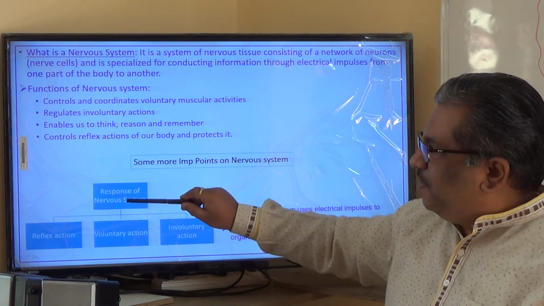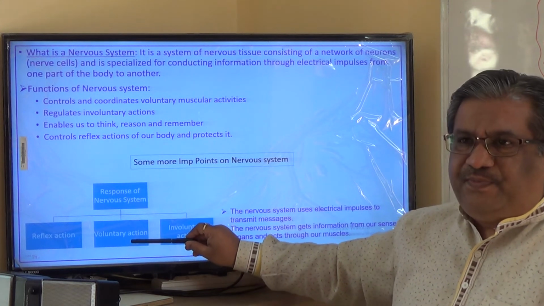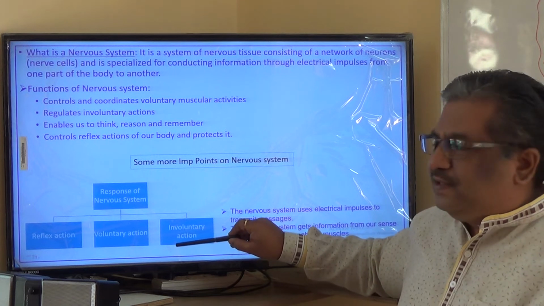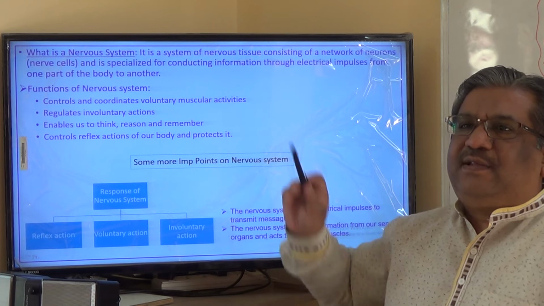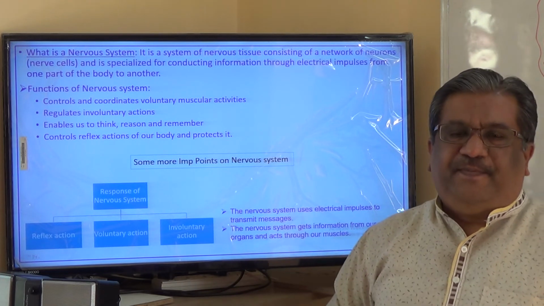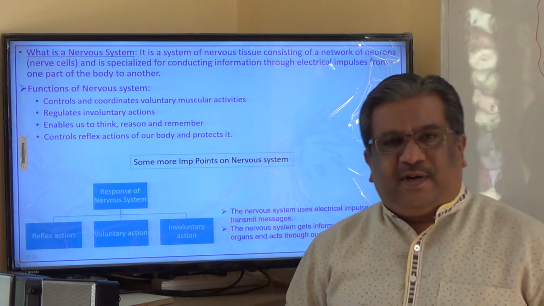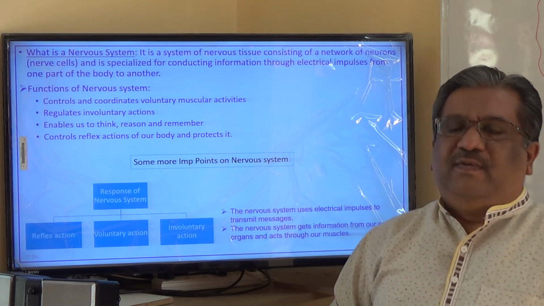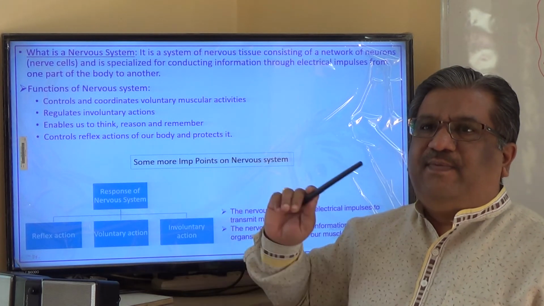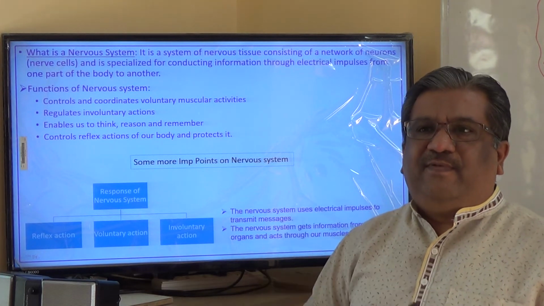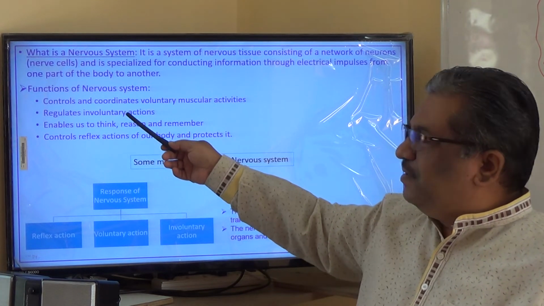So, response of the nervous system is to control the voluntary actions, to control involuntary actions, and to control reflex actions. These are the three main functions of nervous system, which have been given here a little bit differently, but same.